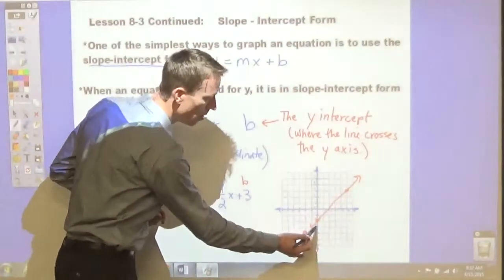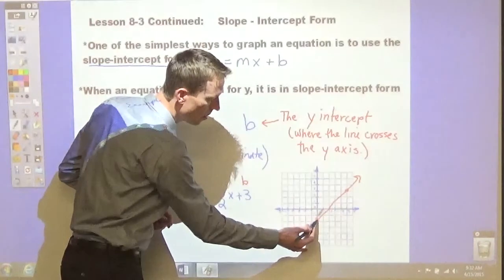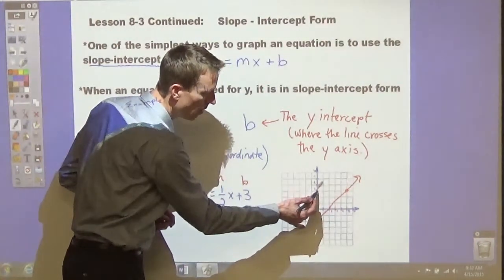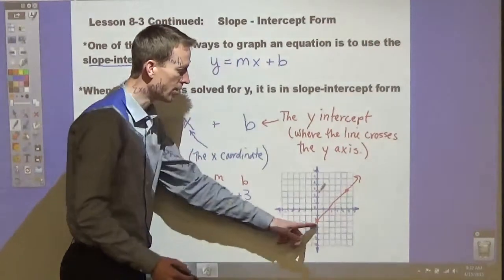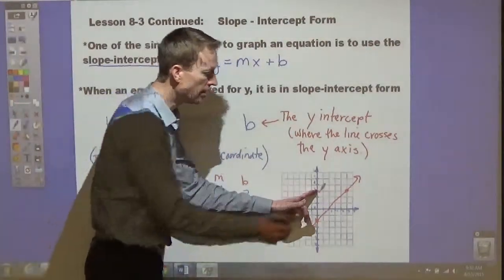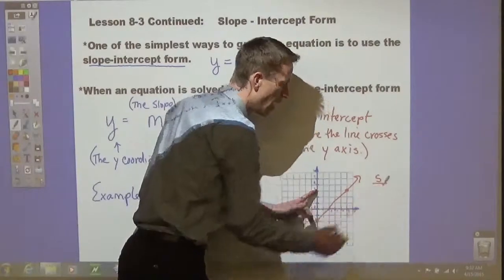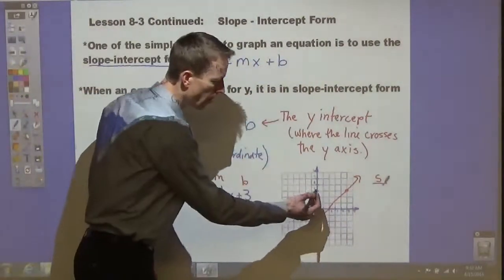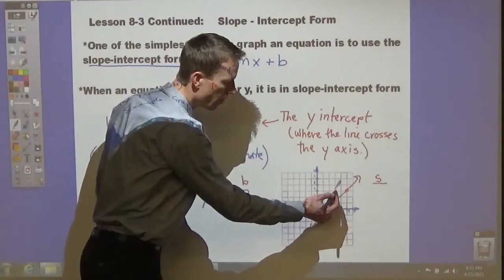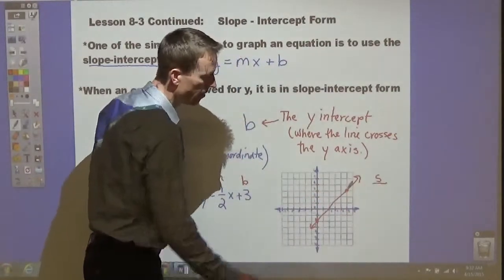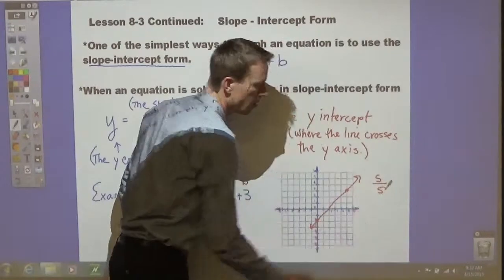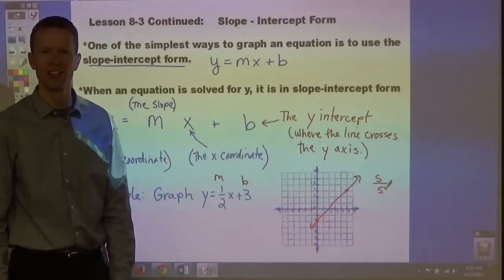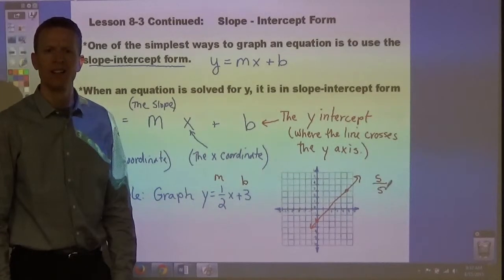If we count from this point to this point, we'd count 1, 2, 3, 4, 5. It's 5 up, so the top number in the slope is 5. And we'd count over 1, 2, 3, 4, 5. Is this a positive slope? Noah? It is, yes.